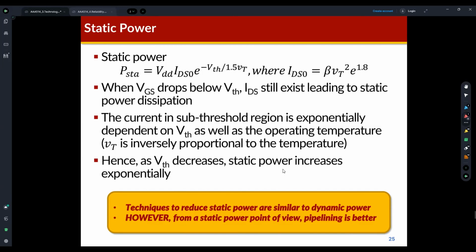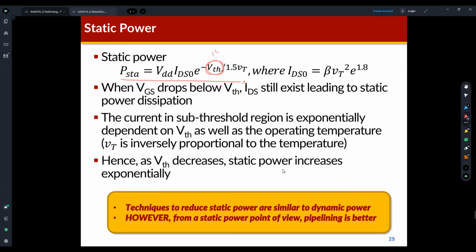But if we just see this static power equation, we can find the threshold voltage here. The bad thing about the static power is that the static power consumption is exponential to the threshold voltage.